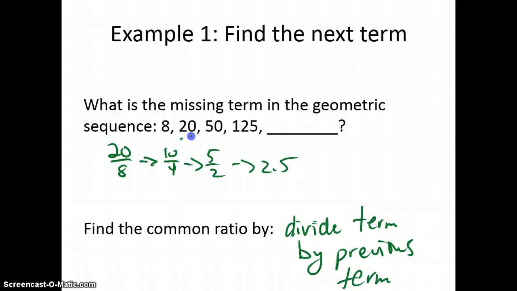So I took 20, divided by the previous number, 8, and found that the common ratio is 2.5. Multiplying 20 by 2.5, I get 50. 50 by 2.5, I get 125. And then 125 by 2.5, I get 312.5.